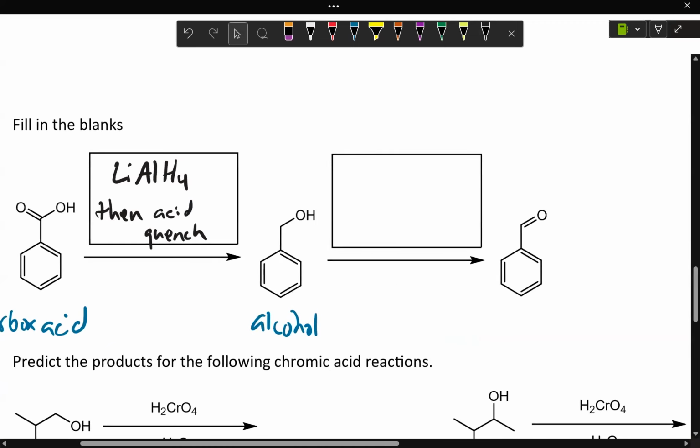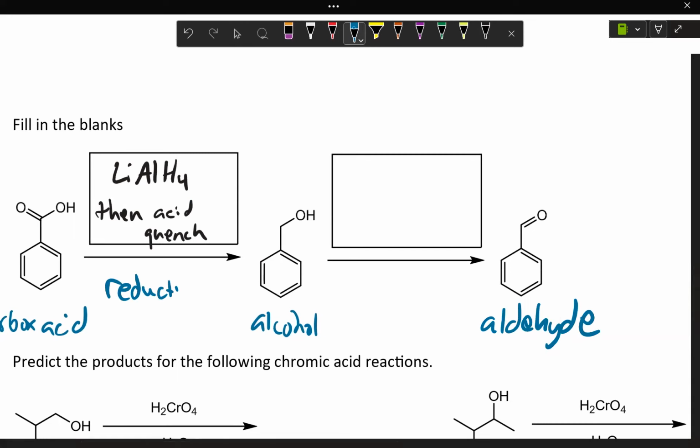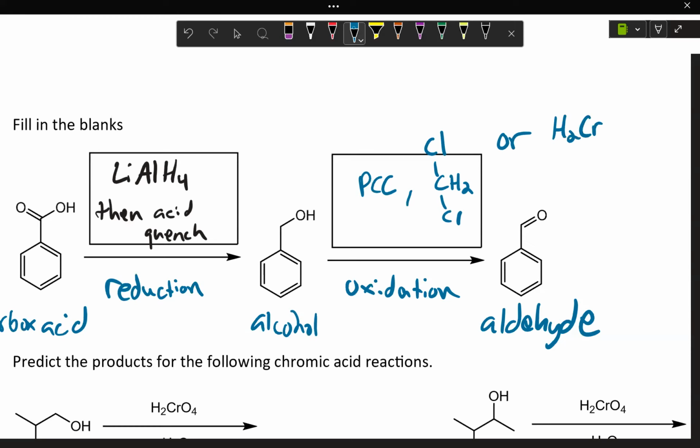And next, we're going from an alcohol to an aldehyde. So we're doing an oxidation. Here we did a reduction to start, and now we're going to do an oxidation. Our two options for oxidation are PCC along with methylene chloride, or our other oxidation we know, chromic acid and water.